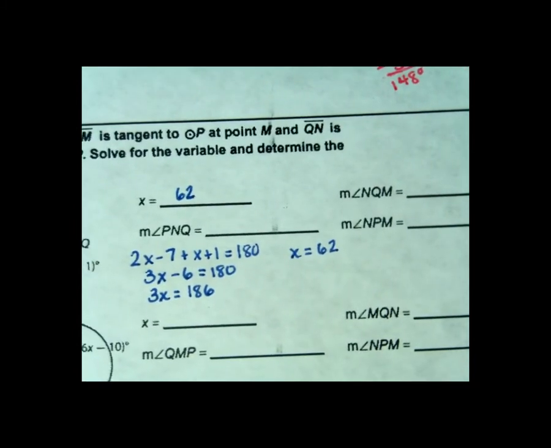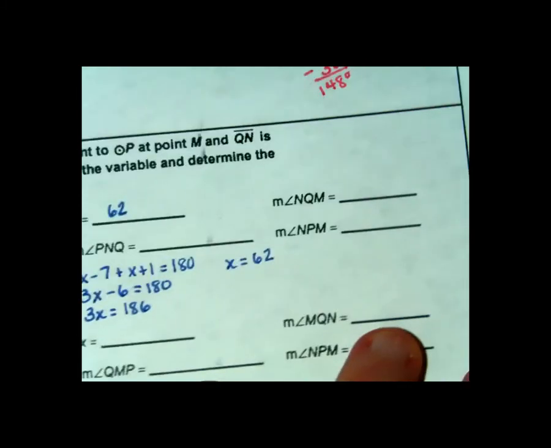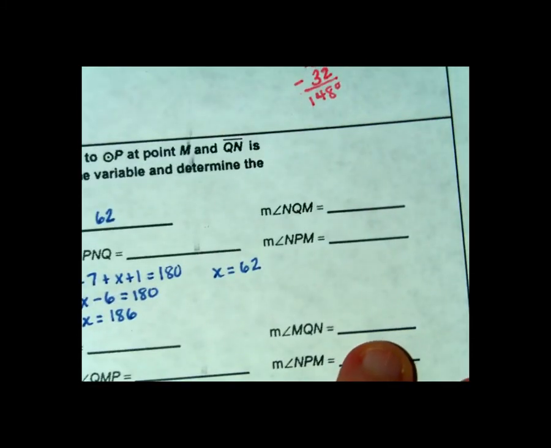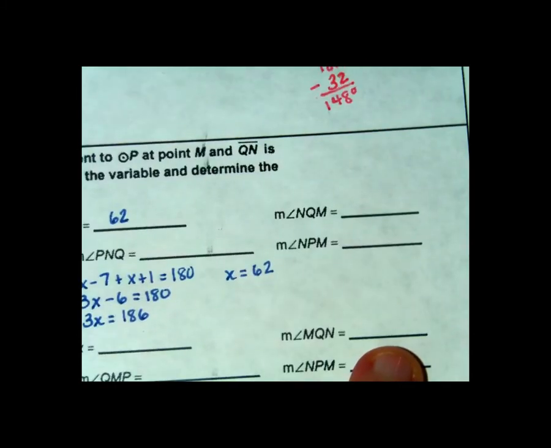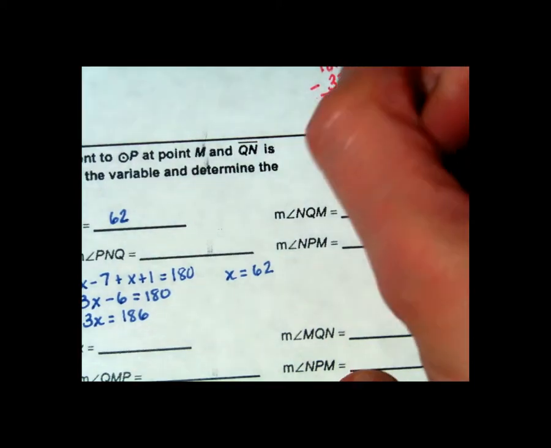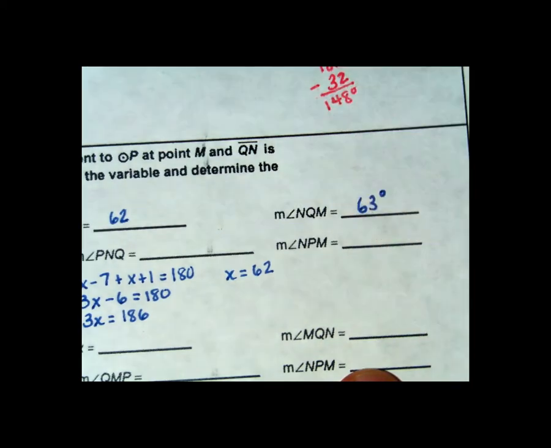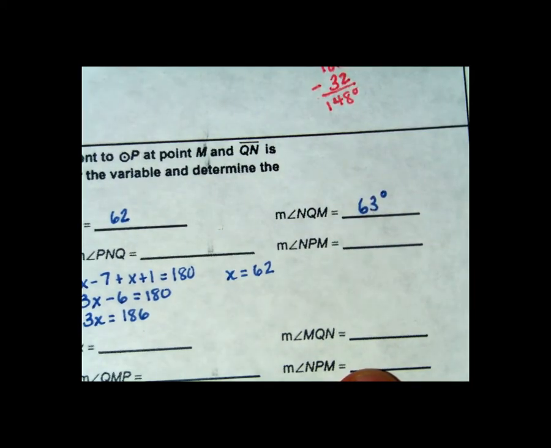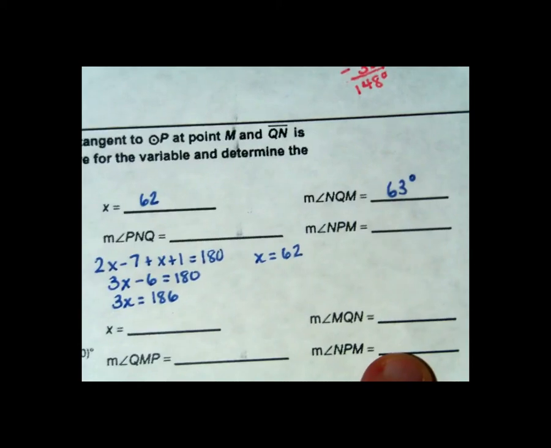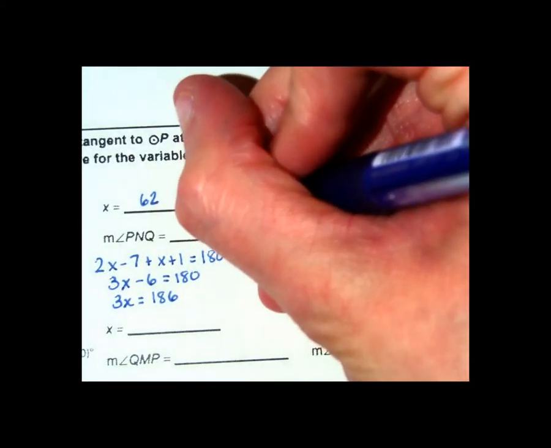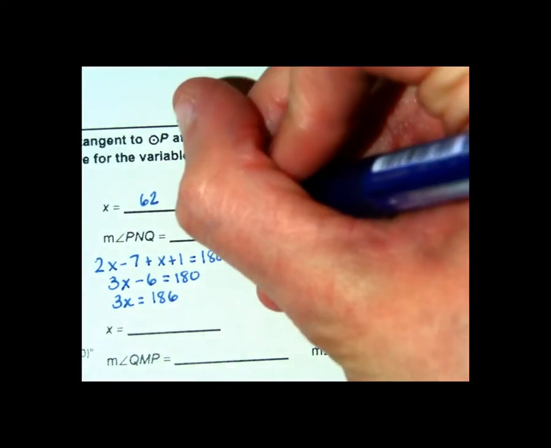How do you find NQM? Substitute. X plus 1 becomes 62 plus 1. What is 62 plus 1? 63 degrees. Alright, how about P and Q? 90, because it's a tangent and a radius.